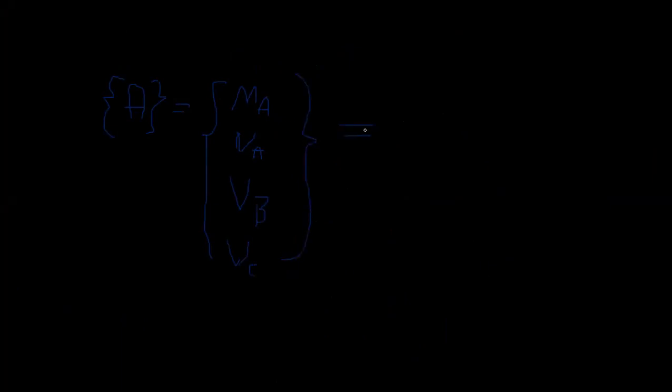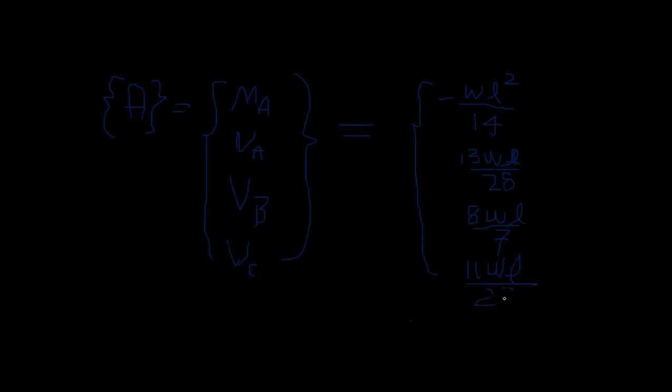And if you solve those, you will end up with, from this one, WL squared over 14, it is minus, and 13 WL over 28, and 8 WL over 7, and 11 WL over 28, right?